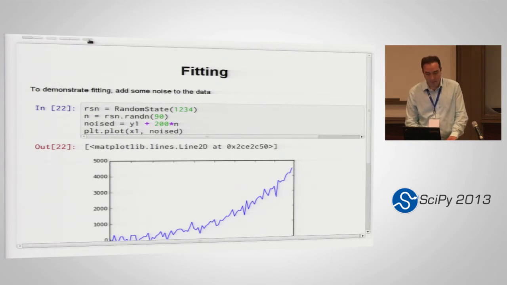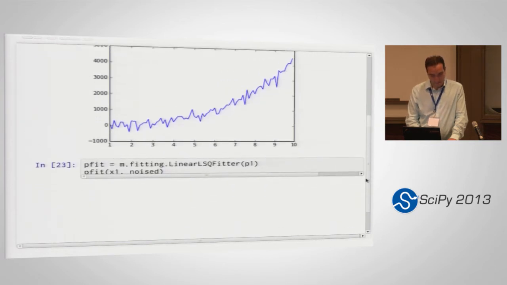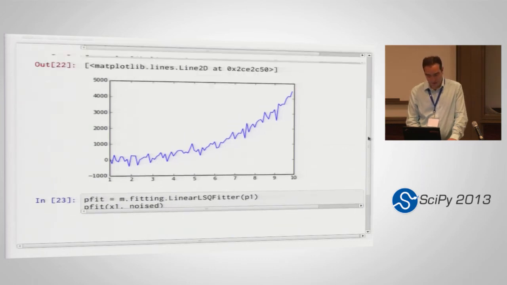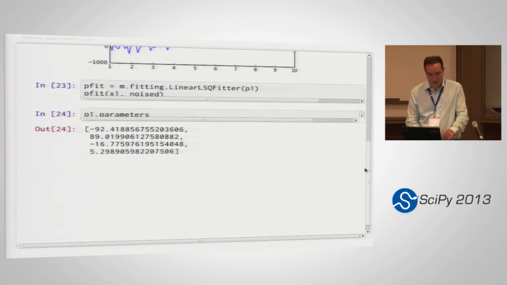Okay. So let's add some noise to the data. We had that data, the perfect curve. We've added some noise, and then let's see if we can fit it back. So here we're taking a least squares fitter on the noisy data.